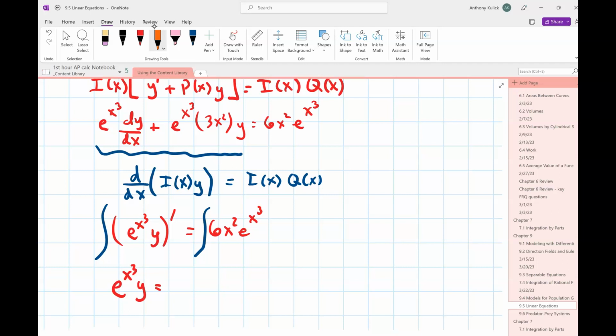I don't actually need to do integration by parts here. I can do u sub with this. What is the u? X cubed. If the u is x cubed, du is going to be 3x squared dx. Everybody's okay with seeing that?